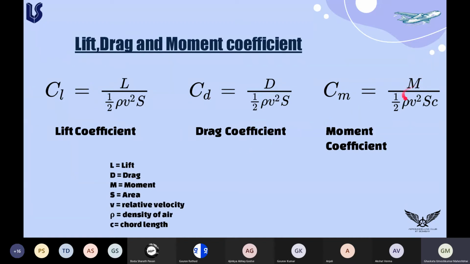Here M is basically the moment about the center of gravity, the CG. If it's not mentioned, then we can identify it as a moment about the CG. Here c is the chord length, rho is density, v is the velocity of the aircraft, and S is the area of the wing. Okay. So these are all three types of coefficients. I hope it's clear now.